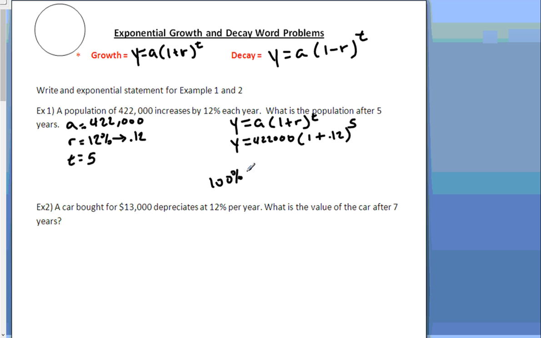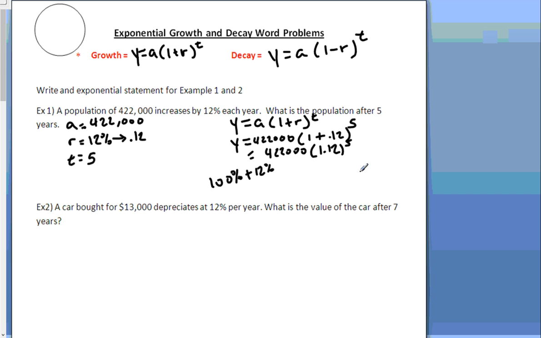And then you got another 12% of the people. 100% of the people is all the people you started with plus 12% more. And that's why I use 1 plus 0.12. The 1 represents the 100% and the 12% equals the 0.12. So I end up with 422,000 times 1.12 to the 5th. Okay?